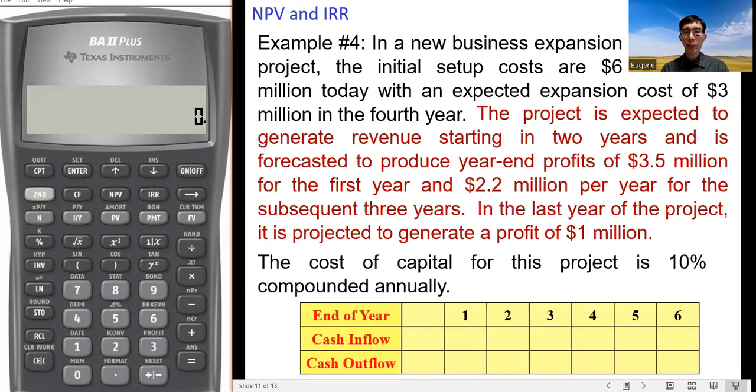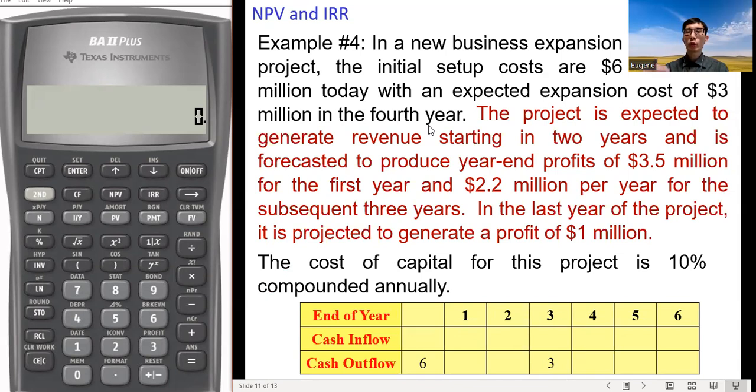Fill out the table for cash inflow and cash outflow. $6 million initial investment. And then $3 million in the 4th year. So this table, the numbers here, 1, 2, 3, 4, 5, 6, corresponds to the end of year. So a cost of $3 million in the 4th year.